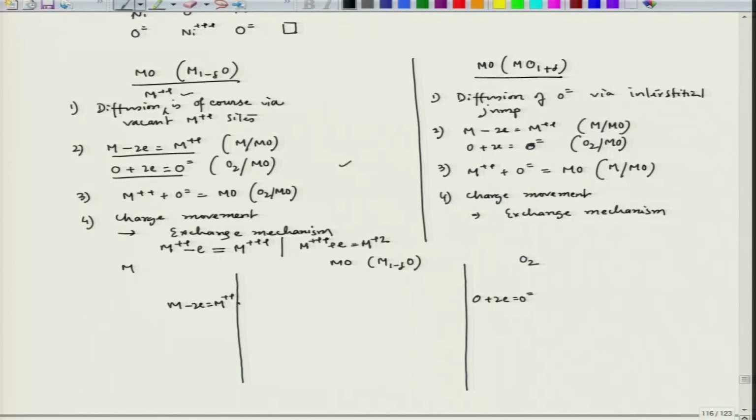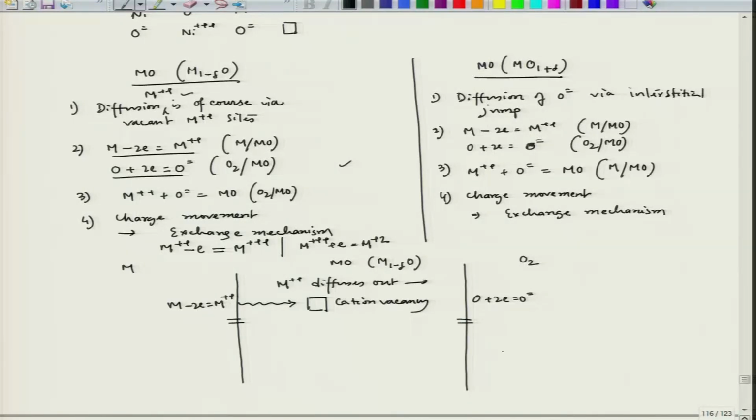Now, the metal ion should move to the other end, because we have metal cation vacancy. It diffuses out, and now we have to see how the charge is transferring from this end to this end.